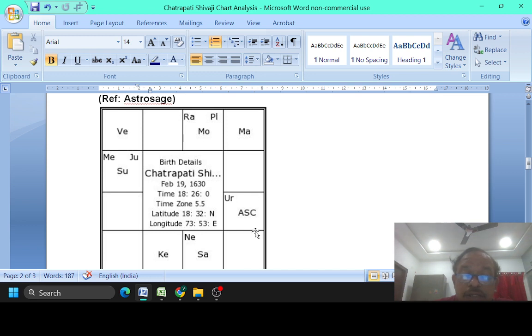So we count here 1, and Virgo becomes 2, Libra becomes 3, Vrishchika becomes 4, Dhanu becomes 5, Makara becomes 6, Kumbha becomes 7, the 7th house, Meena becomes the 8th house, Aries becomes the 9th house, Taurus becomes the 10th house, Gemini becomes the 11th house, and Karka becomes the 12th house. That is the order of counting the native birth chart from the native Lagna.